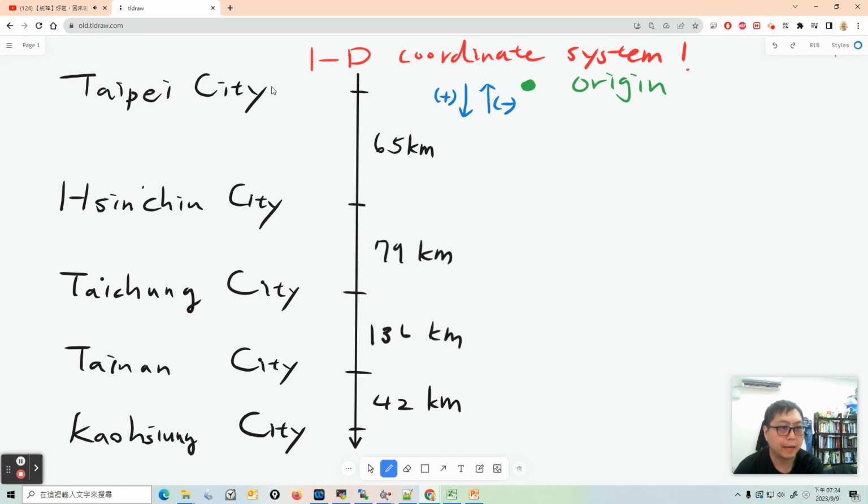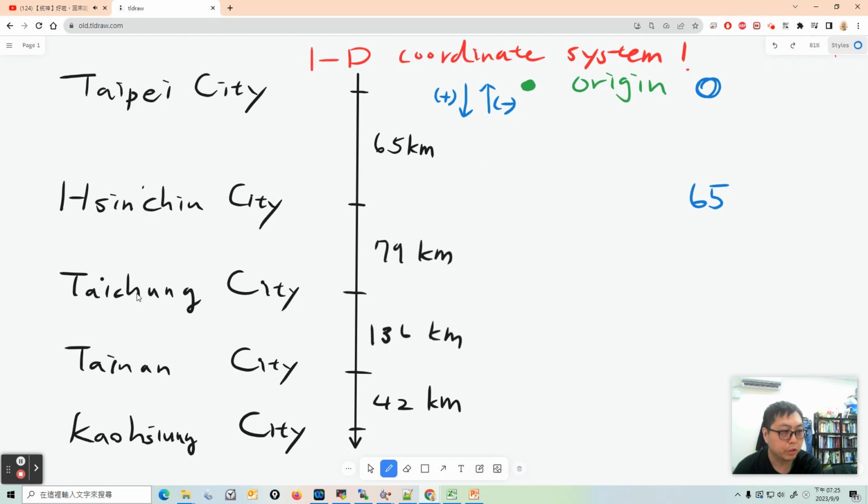Let us see. The position of Taipei City under this coordinate system is 0. I think that's no problem. And what's the position of Hsinchu City under this coordinate? The distance is 65, so it's 65.